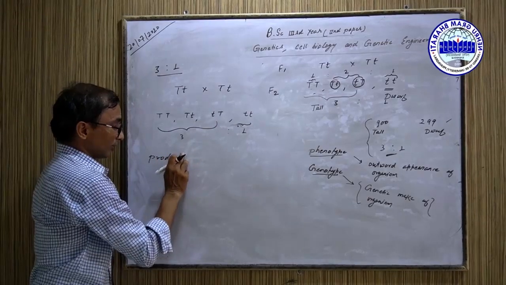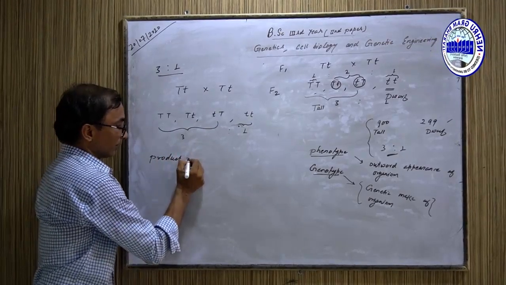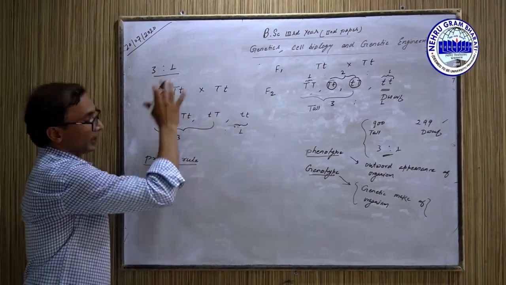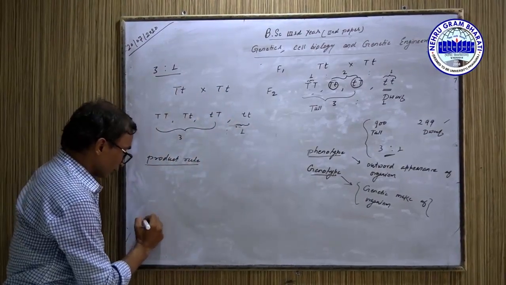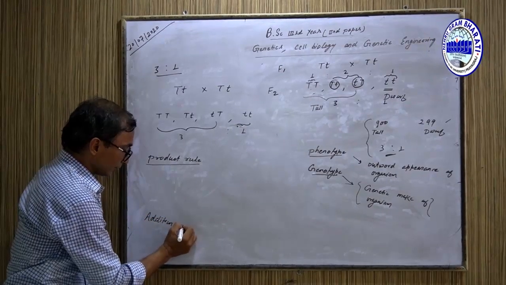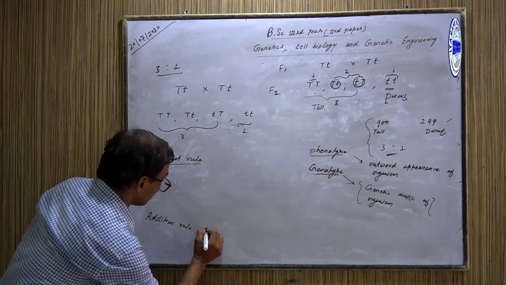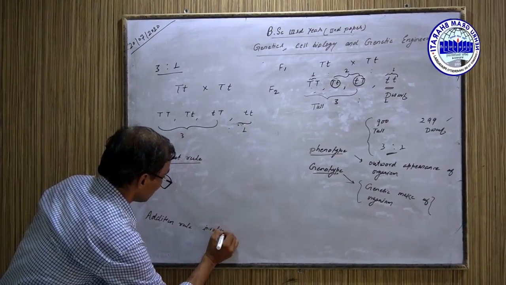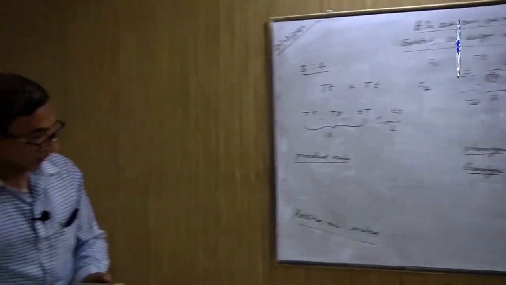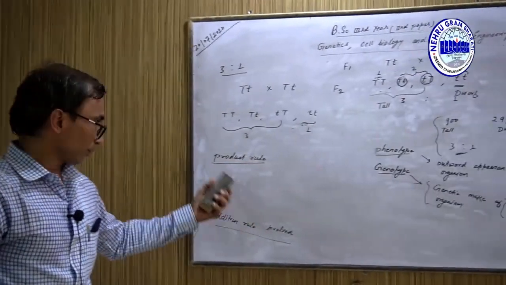You may ask, what is the product rule? Yes, I will tell you. In these events there is a product rule and an addition rule involved. What is the product rule? These are probability rules.